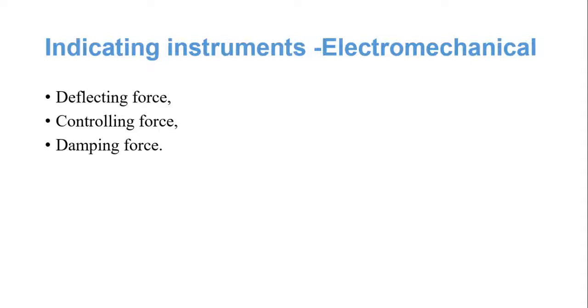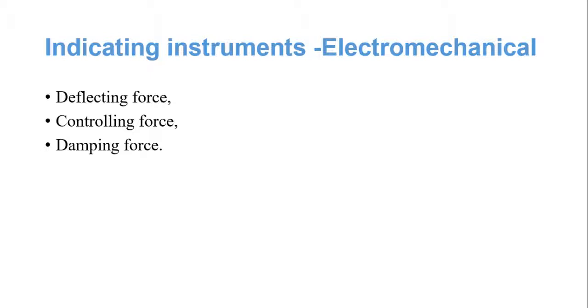So when the deflecting torque and controlling torque are equal in magnitude, the movement will be at a definite position, or in equilibrium. A spiral spring is usually given to produce the controlling torque. The system which produces the controlling torque is called the controlling system.